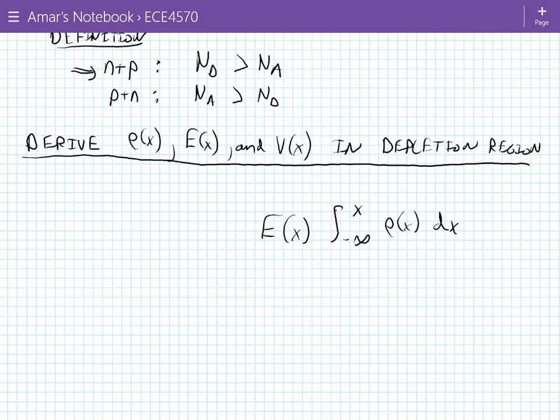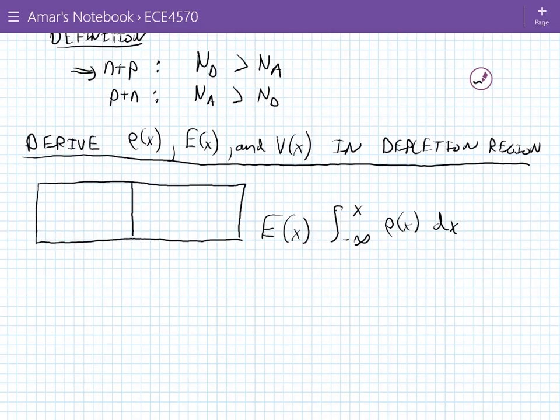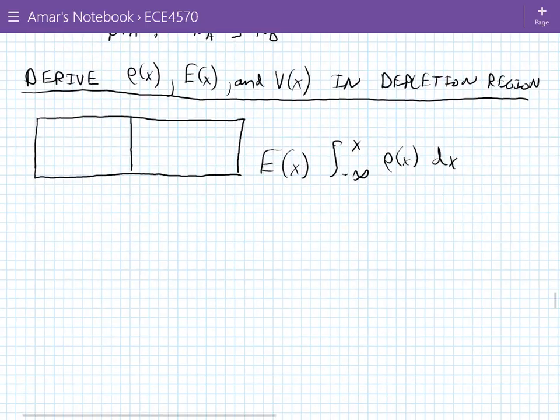Okay, so let me just redraw the PN junction here. This is the P-type material and N. Let's call this N plus.